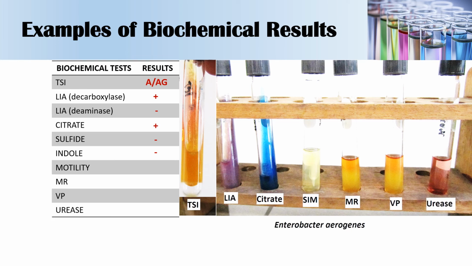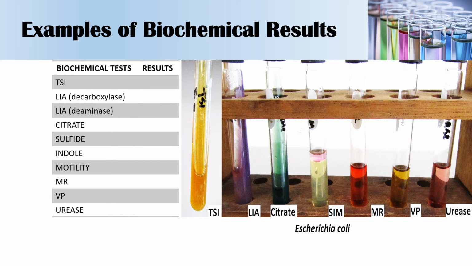Motility, I don't know if you can visualize it, but it is motile. For the MR, this is yellow, it means negative. VP is also yellow, it means negative. The urease is also negative.